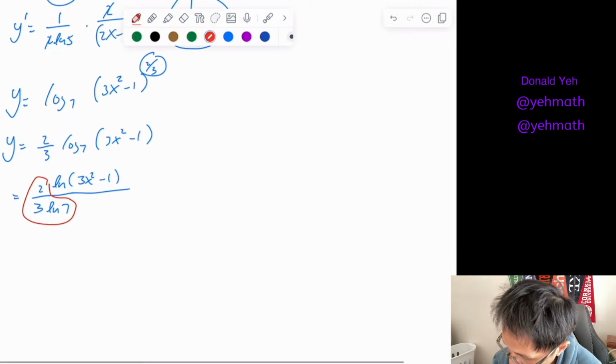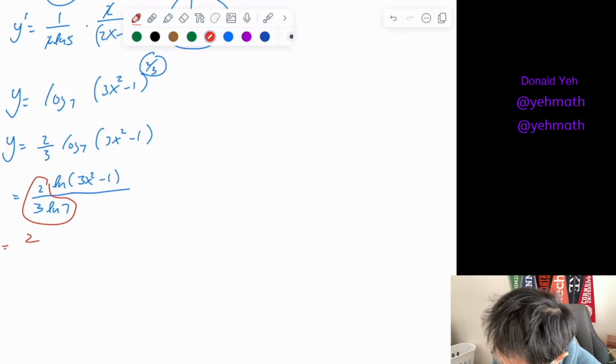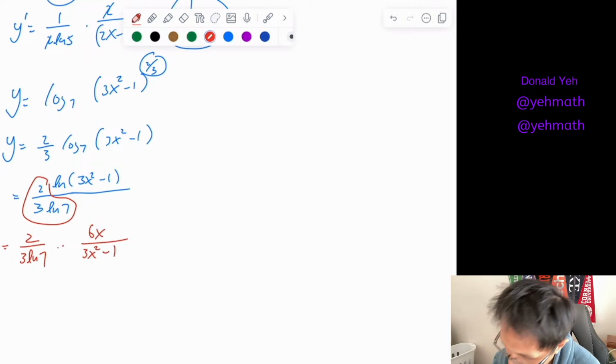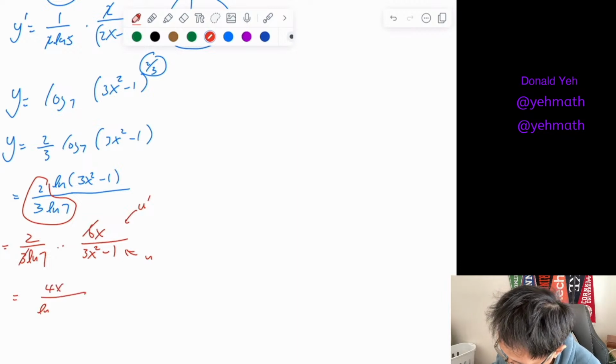Now I can take a derivative. So y prime equals 2/3 times 1 over ln of 7 times the derivative of that, which is 6x over 3x squared minus 1. This is u prime over u. So the 3 will cancel out, down with 2. So it'll be 4x over ln of 7 times (3x squared minus 1).